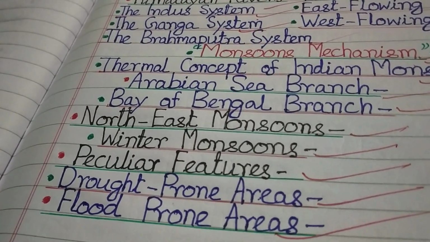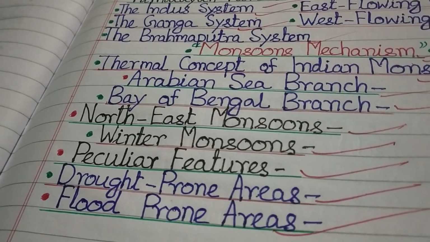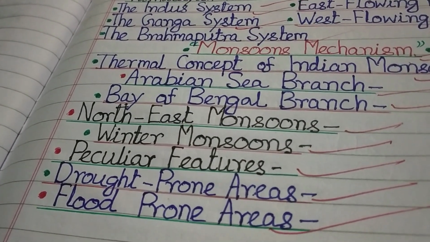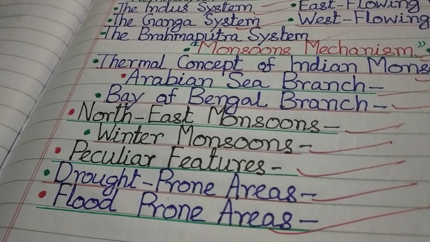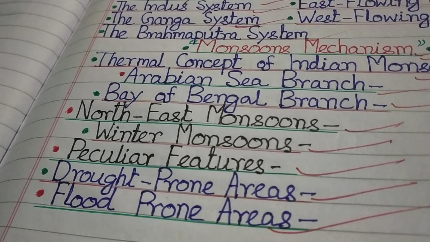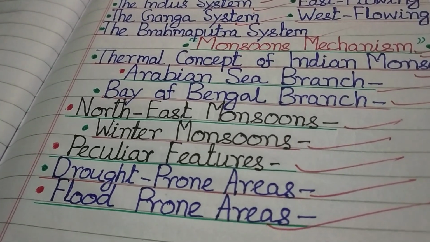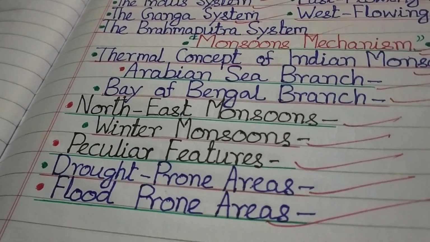From here it blows in a southeast to northwest direction along the orientation of the Himalayas. This current causes rainfall over the northern plains.